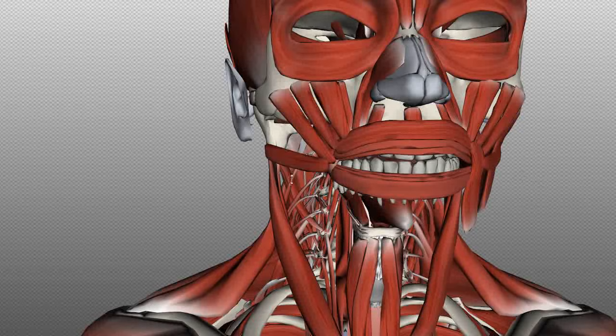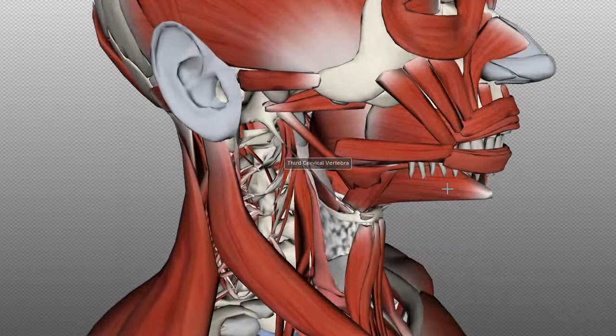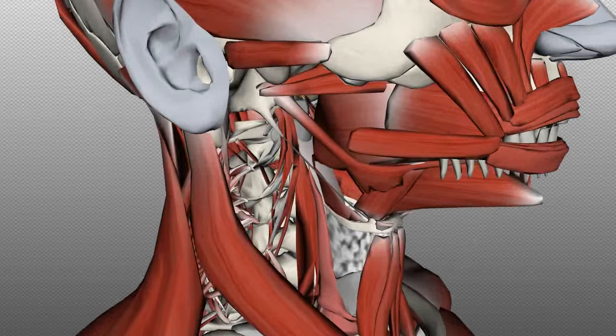And then you've got the other three which I've showed you, the genioglossus, the hyoglossus, and the styloglossus. So glossus obviously is Latin or Greek for tongue. And then if you just remember the points from which they originate, it's easy to remember the names. So genio, remember, is the prefix for chin. So genioglossus originates from the inside of the chin, the mental tubercles, and inserts onto the tongue.